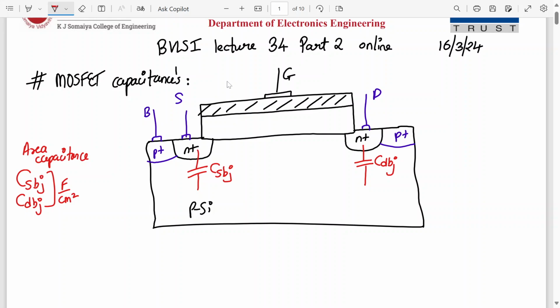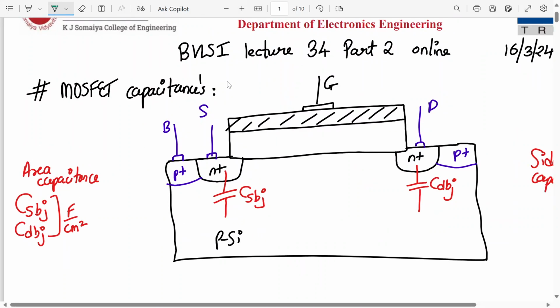And there is actually one more type, sidewall capacitance. There is another PN junction over here. Let me show it to you. This is around the periphery, so there is one more PN junction.